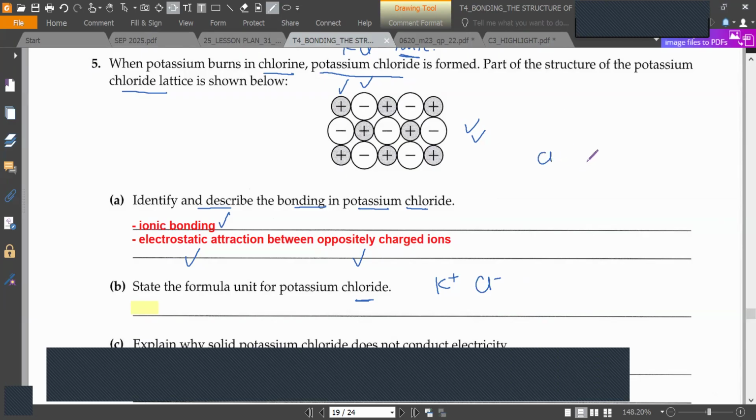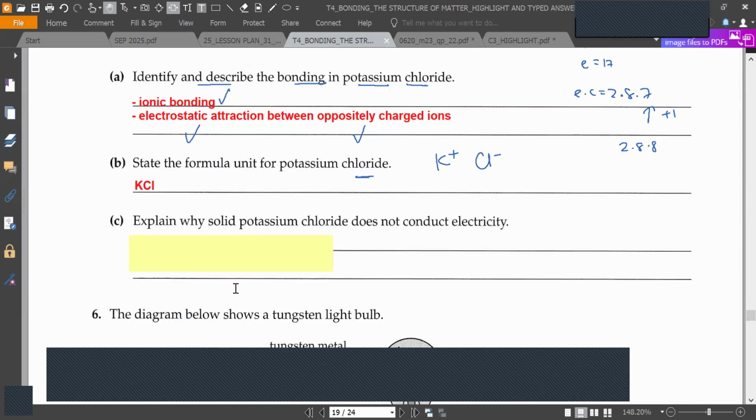Chlorine is atomic number 17, with electron configuration 2,8,7. So it will always add 1 electron to get 2,8,8, so it becomes a -1 charge. All group 7 elements become -1. So +1, -1, the formula is simply 1 to 1, just KCl.